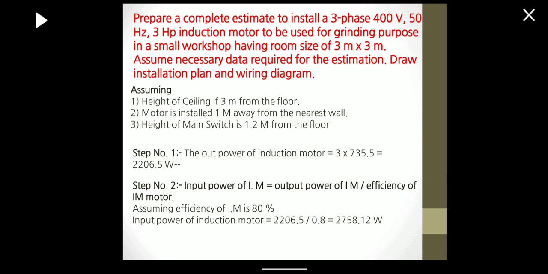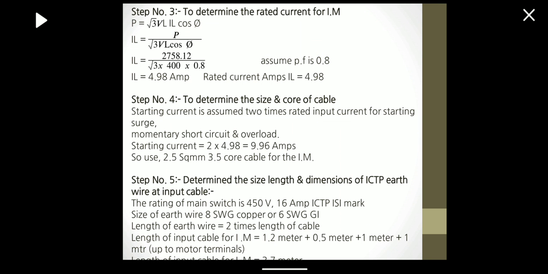The input power of the induction motor is 2206.5 divided by 0.8, which is equal to 2758.12 watt. Then step 3, to determine the rated current for the induction motor. So P is equal to root 3 VL IL cos phi.